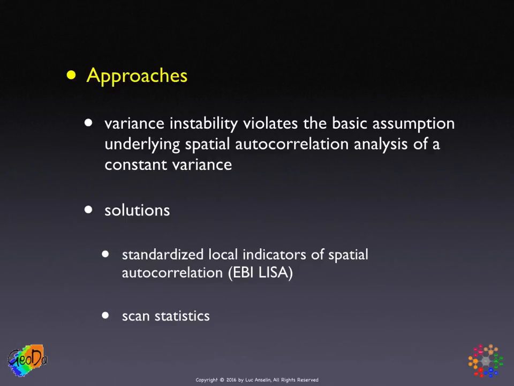How do we deal with it? Basically, two different approaches. One is to standardize the data and then compute the local indicators just the same way as we did before, for example, a local Moran. And the other approach is the scan statistic approach. First, we deal with the local Moran corrected for variance instability, or the EBI local Moran.